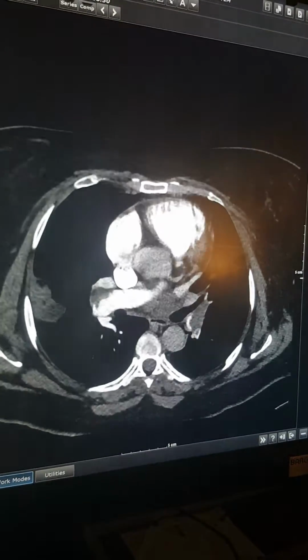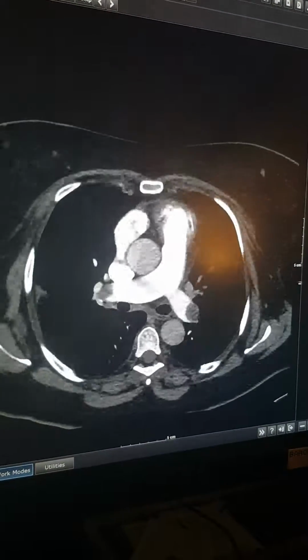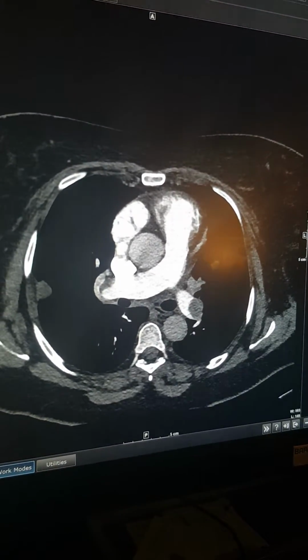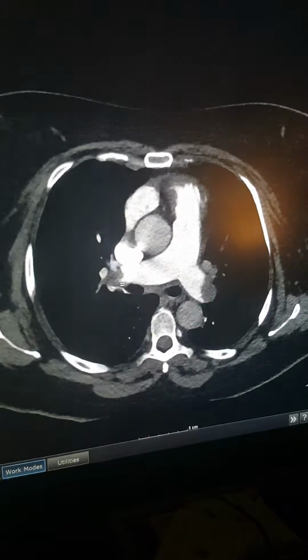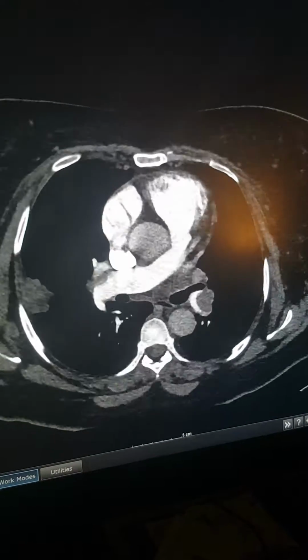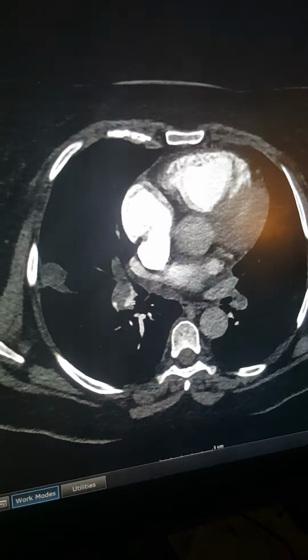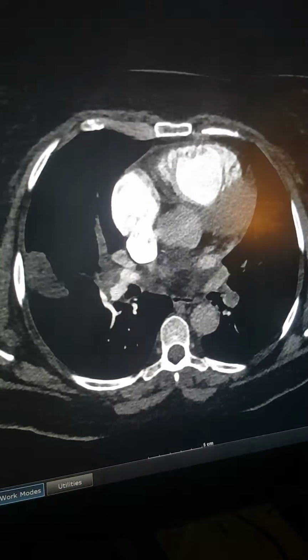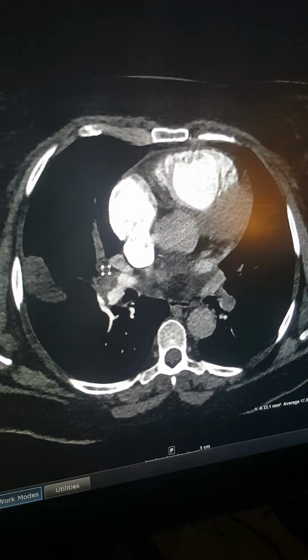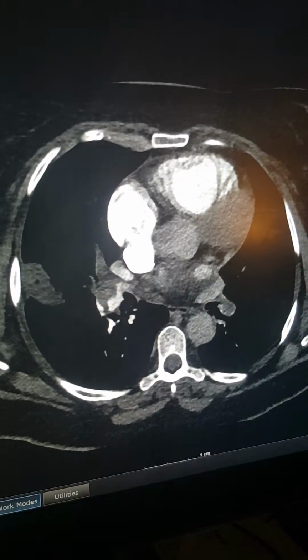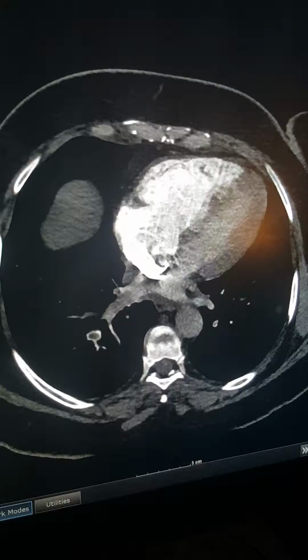Yeah, absolutely. So this patient has multiple filling defects, which extend from the main pulmonary artery, and you can see here that the filling defect extends to the lobar, and to the segmental and subsegmental branches.